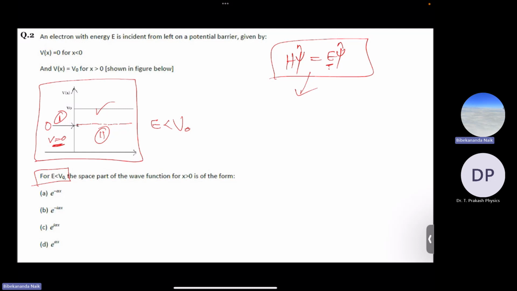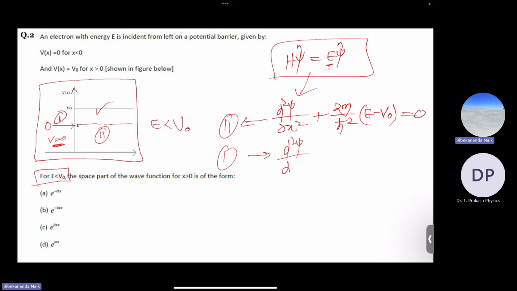If you put the value of the operator and simplify, it will give you d square phi by dx square plus 2m by h cross square (E minus V0) equals 0. This is the equation in the second region. But in the first region, the equation will become d square phi by dx square plus 2mE by h cross square phi equals 0.